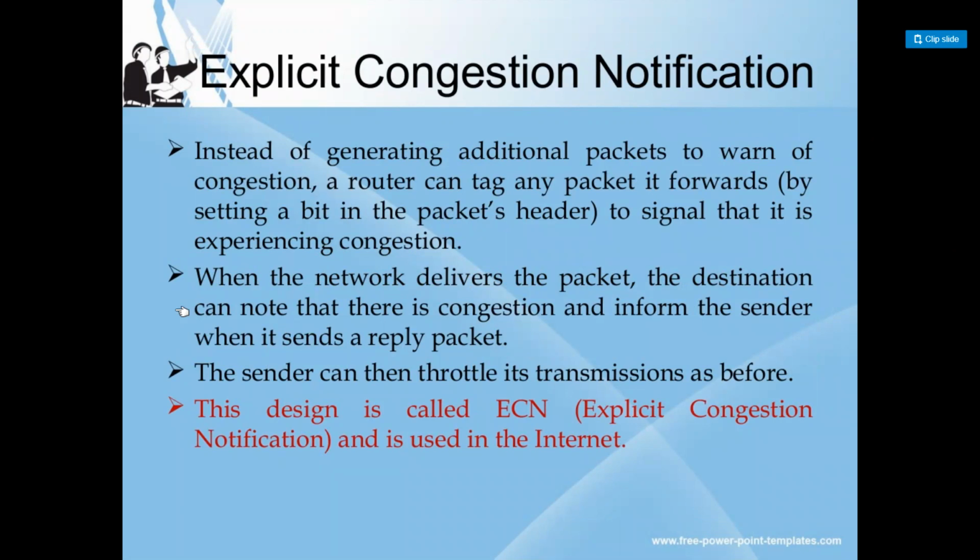Instead of generating additional packets to warn of congestion, a router can tag any packet it forwards to signal that it is experiencing congestion. When the network delivers the packet, the destination can note the congestion and inform the sender.